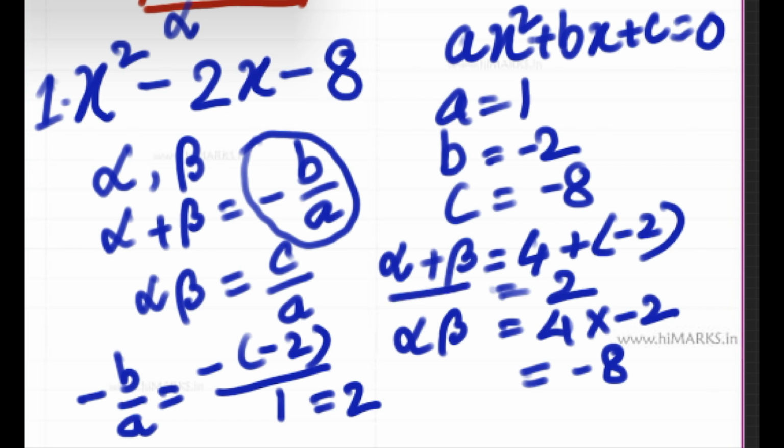So alpha plus beta is 2, and minus b by a is also 2. That means this relation is proven true with these values: alpha plus beta equals minus b by a.